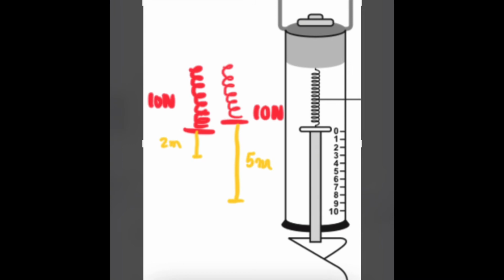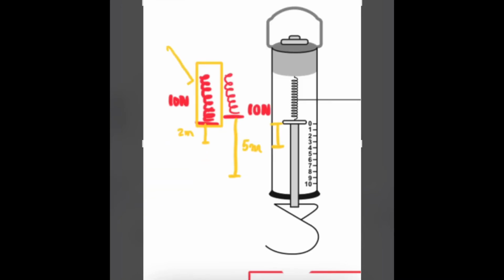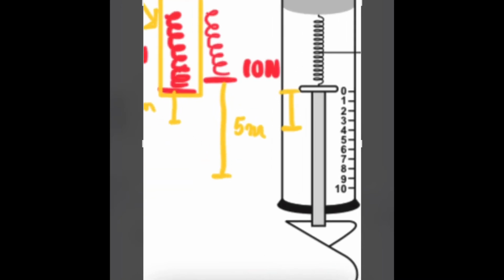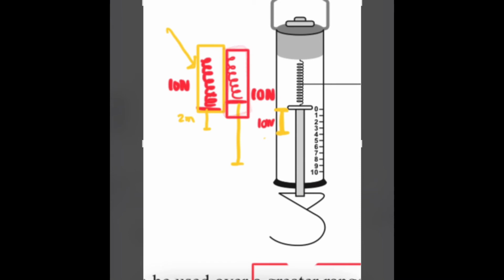For the thicker spring, more force is needed for any extension, right? So for less extension, this calibration might be 10 Newton, and for the thinner spring, this calibration would be 4 Newton, right? Like this.